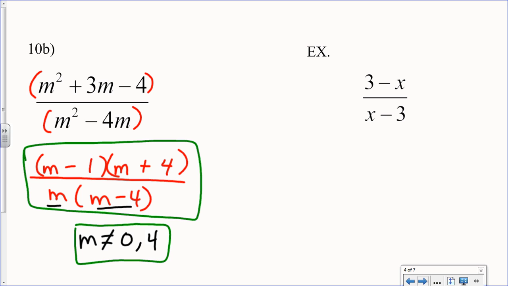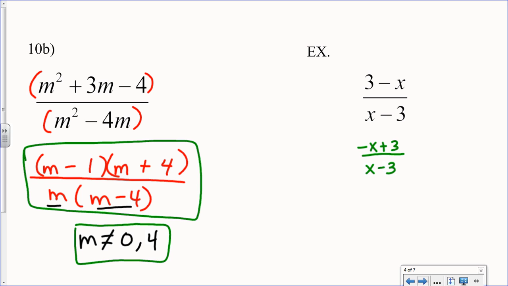So the next one we have to do a little trick because this actually will simplify. It looks like it shouldn't simplify because they're not the exact same. But actually what they are, so let me rearrange the numerator. They're not the exact same, they're the exact opposite.